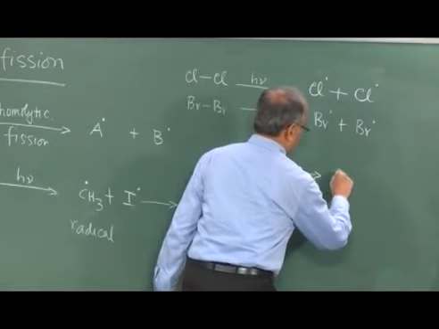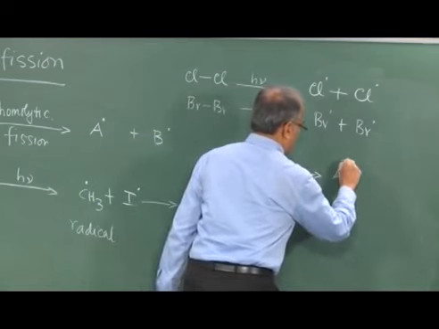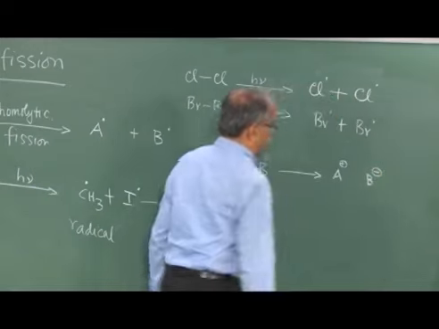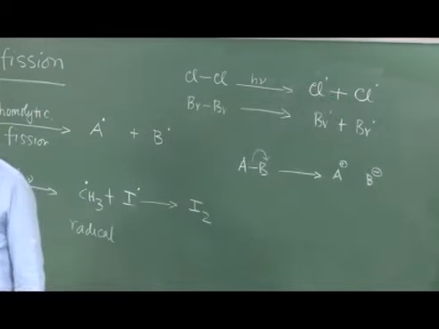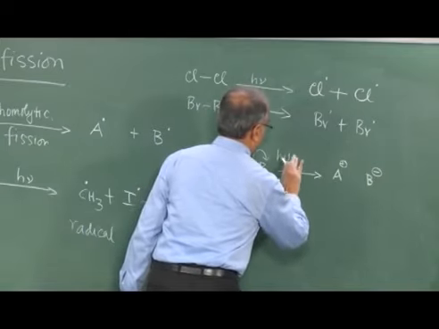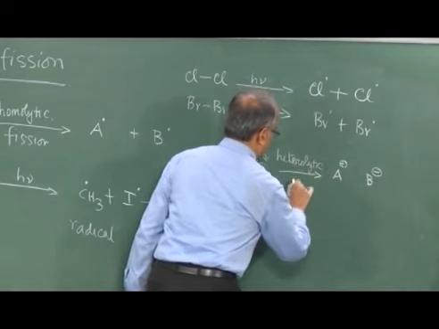So, A loses its bonding electron, so it gets a positive charge. B gains the additional electron, so it gains the negative charge. So, you produce ionic species, and such a fission is called heterolytic fission.